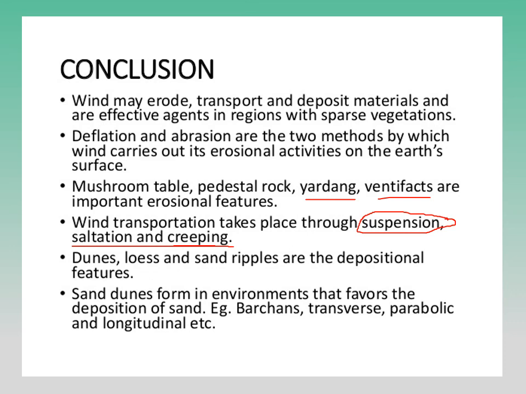Sand dunes form in environments that favor the deposition of sands, and depending on the wind flow direction, or particularly the variation in wind flow direction and the amount of sand supply, different kinds of dune forms, dune morphologies, are found to occur. Some are barchan in shape, crescent in shape, some are transverse in nature, some are parabolic, and some are longitudinal.